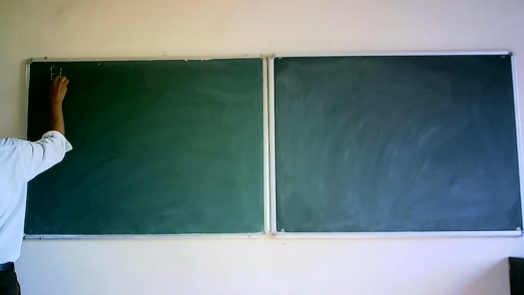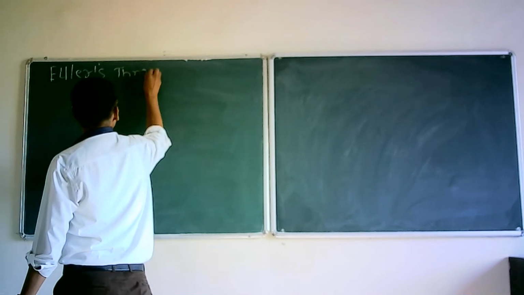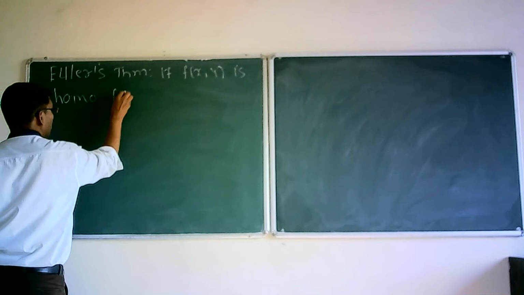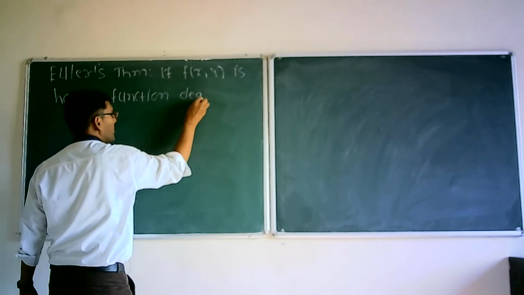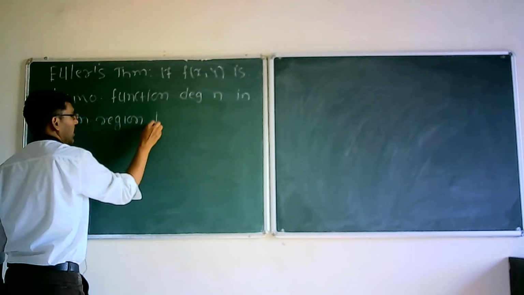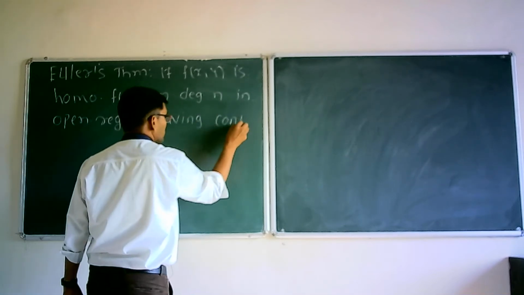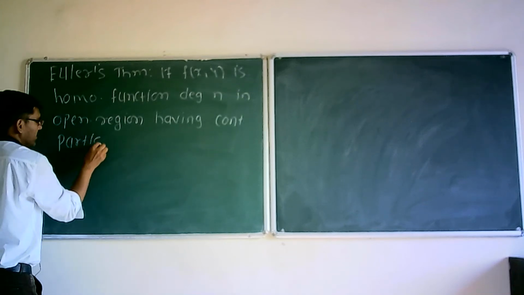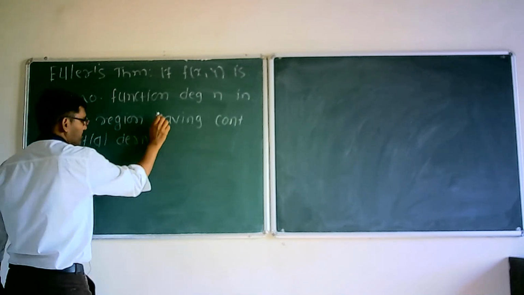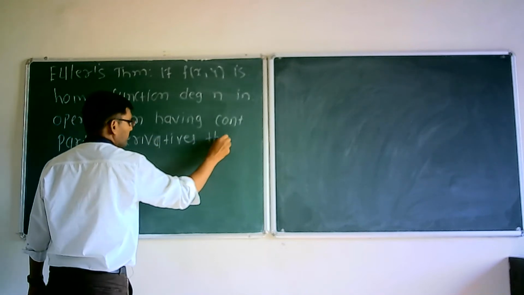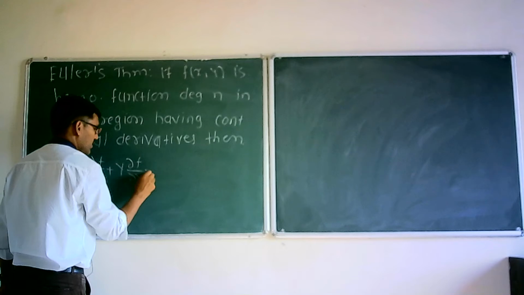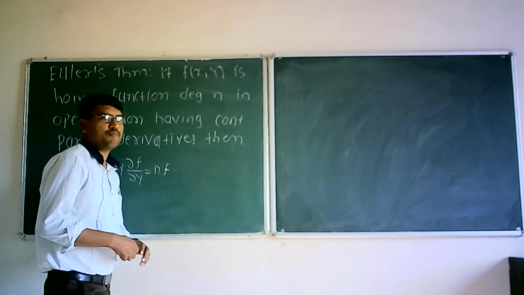Statement of Euler's theorem: if f(x, y) is a homogeneous function of degree n in an open region, having continuous first order partial derivatives, then x ∂f/∂x plus y ∂f/∂y is equal to nf, or x f_x plus y f_y equal to nf.